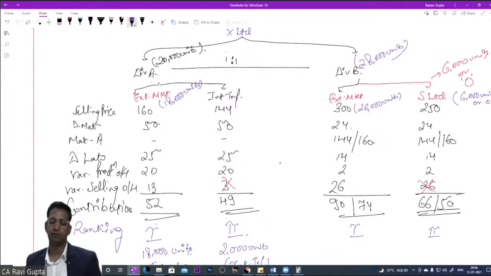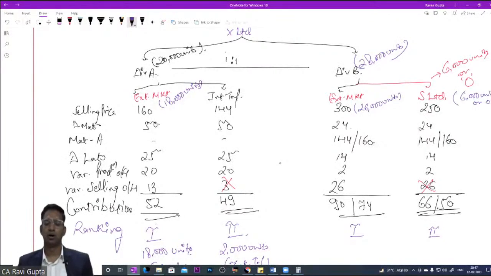So we have an option to first fulfill the 26,000 units external market demand of division B, and there will be the remaining 2,000 units that can be supplied to division S. But there is a condition from S Limited that they are not going to accept any quantity less than 6,000. Their demand is 6,000 units. If you cannot provide, they will not accept any lesser quantity.